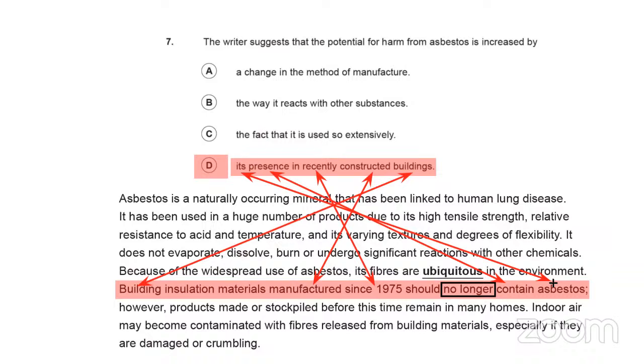No one should put asbestos in the buildings from now onwards. That means after 1975, asbestos is prohibited. So that means zero asbestos, means asbestos free buildings. Then how can you say the harm from asbestos is increased when there is no asbestos at all?